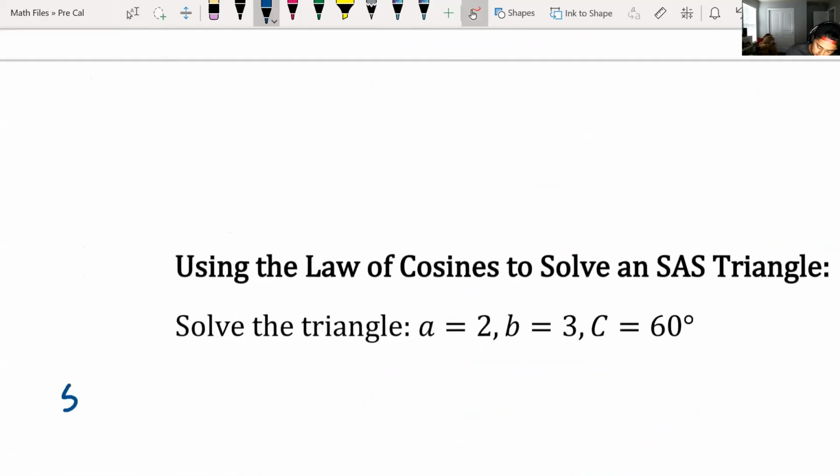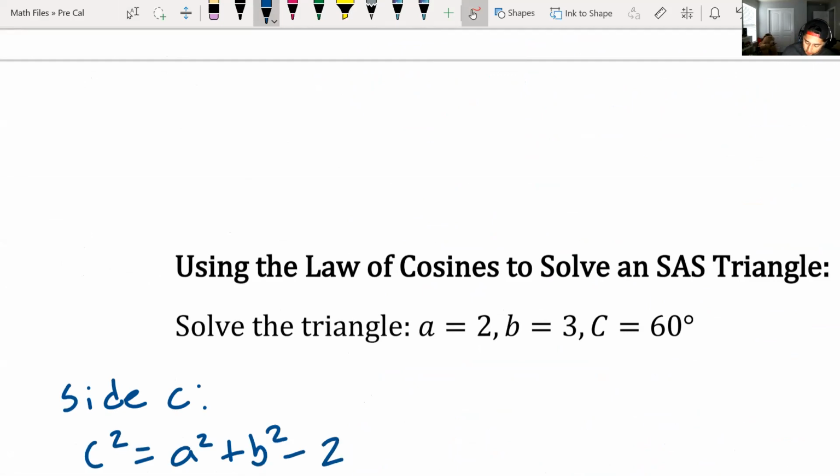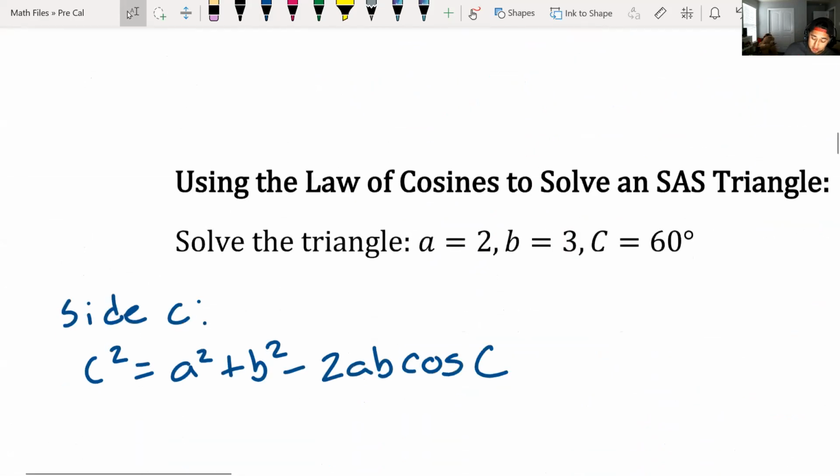So let's say side C. From the formula above, we know C squared equals A squared plus B squared minus 2AB cosine C. Now plug in your numbers.